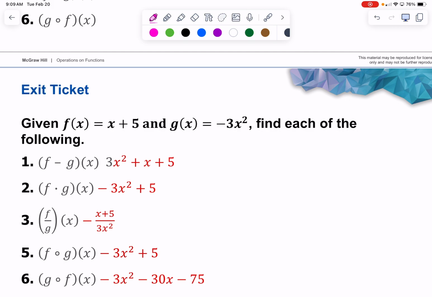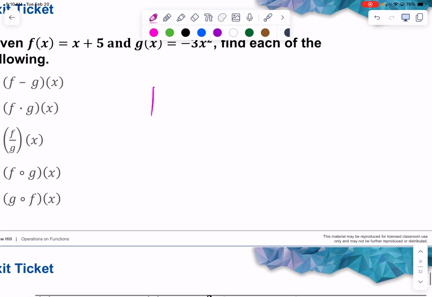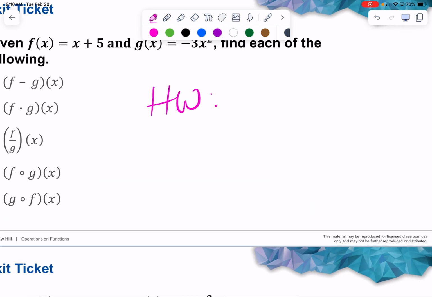Okay, so I am going to go ahead and assign the homework for you guys. In McGraw-Hill, the problems are going to be match the operations on the functions.